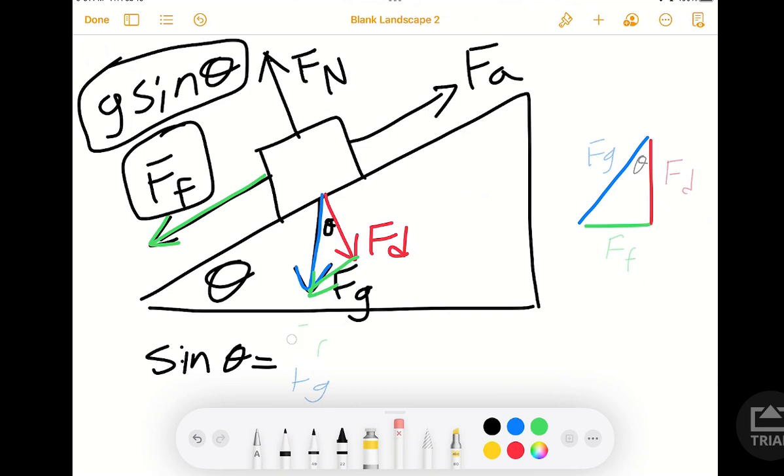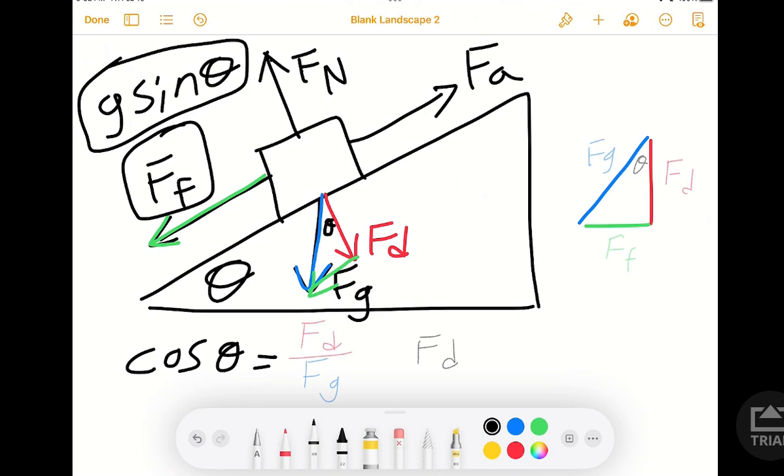Doing the same thing with cosine, if we say cosine theta, well, that's going to be adjacent over hypotenuse. So adjacent to theta, we have FD, and that's going to be over the hypotenuse, which is still FG. And so multiplying both of those by FG, we get that FD will be equal to FG cosine theta.